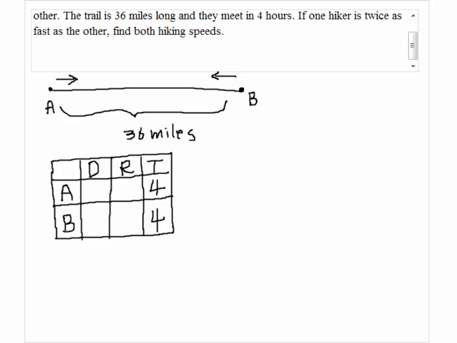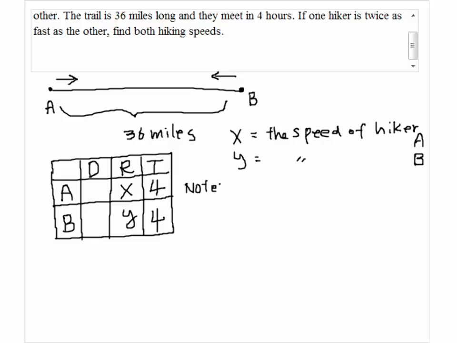Since we do not know the speed of hiker A and hiker B, we let x be the speed of hiker A, and let y be the speed of hiker B. By using the formula distance equals rate times time, we can find the distance for both hikers.